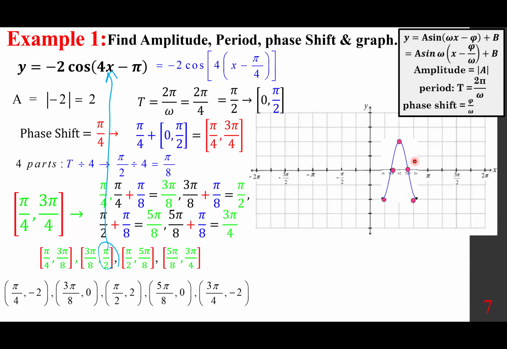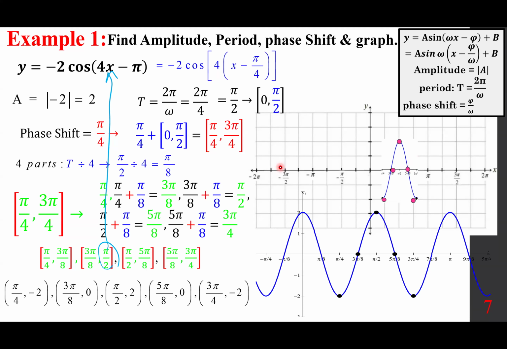So it looks like this. Now you go indefinitely on the right and left. That would be the graph. Okay, so that's how you do that.